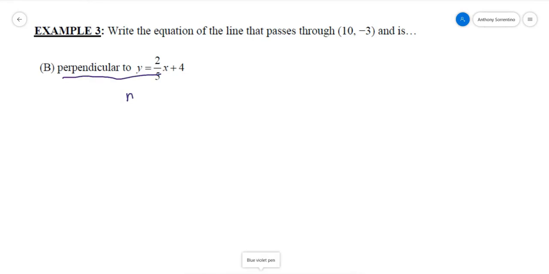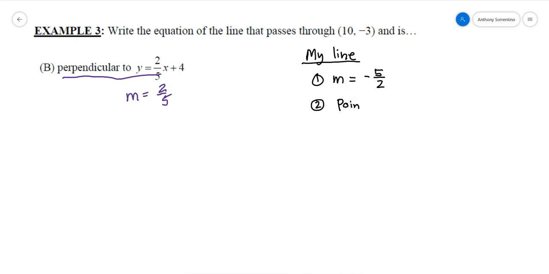So again, knowing this one's slope to be 2/5, when I now look at my line, its slope is going to be -5/2, so that makes it an opposite reciprocal, and it has a point at that (10, -3) again. And again, as long as I have a slope and a point that the line passes through, I have enough to write the equation of the line in any form.